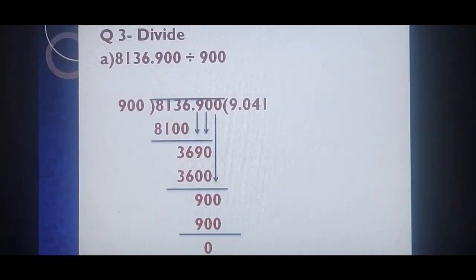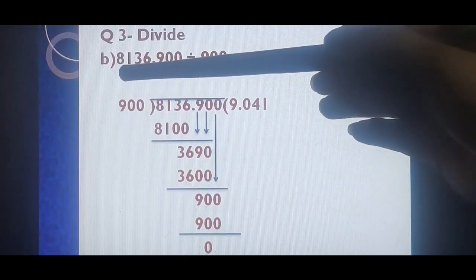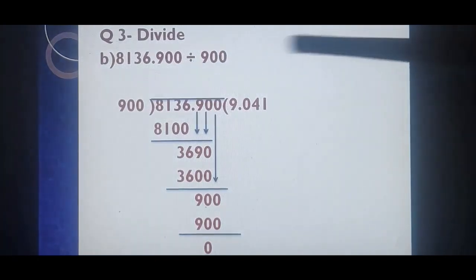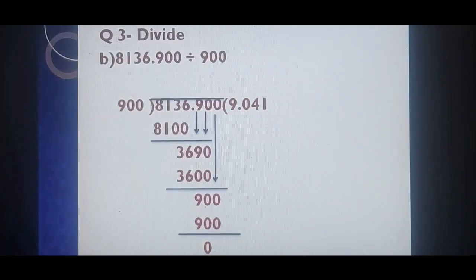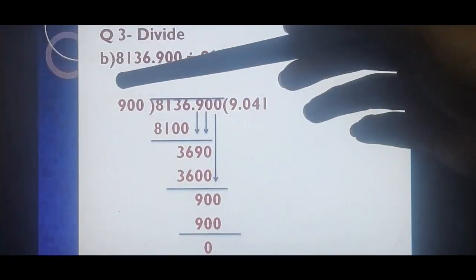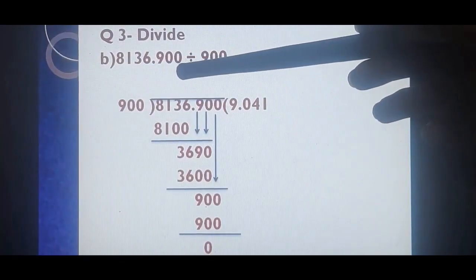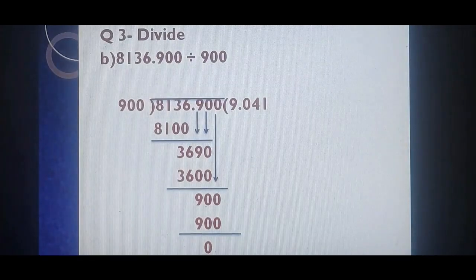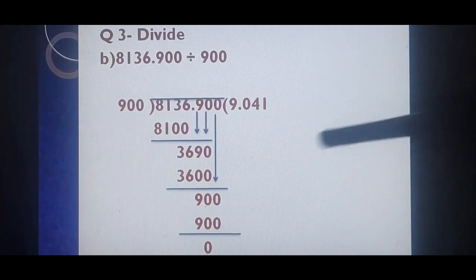Now, third question, B part. 8136.900 divided by 900. If you want, you can take it as 8136.900 upon 900, and then you will cancel the zeros, or you can do simple division as it is done here.